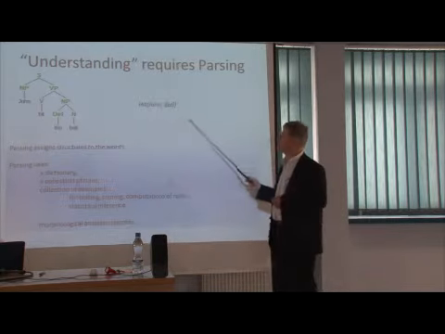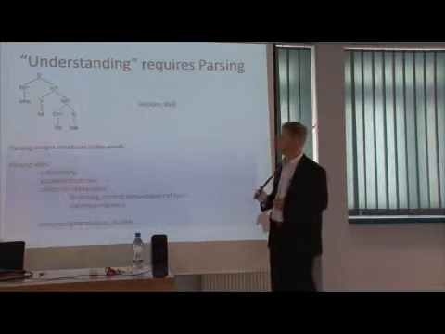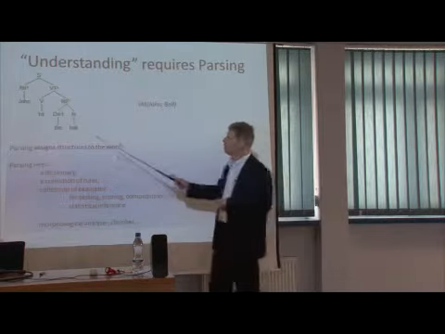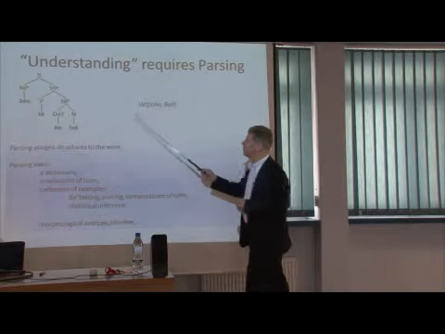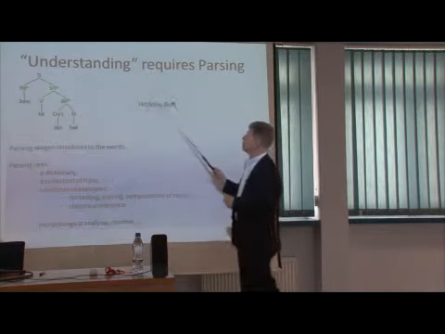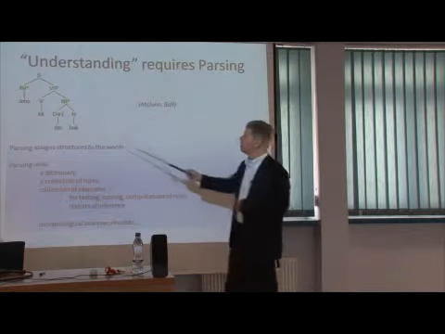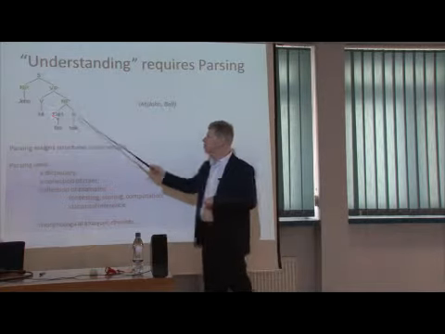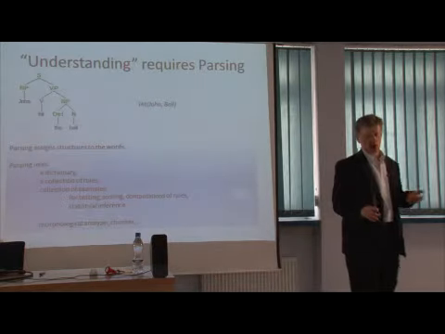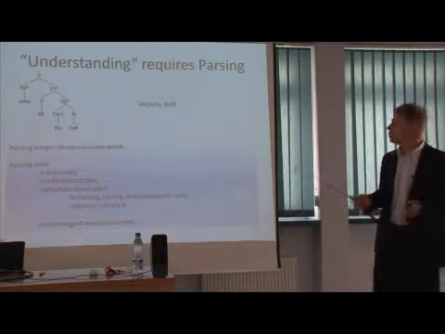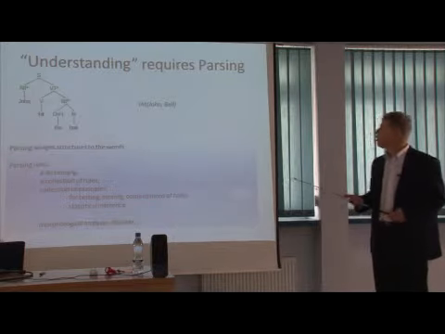In practice, it didn't work out that well because it turns out that there are many different representations, and finding a canonical representation like this works nicely for simple sentences, but it doesn't work so well for the sentences that, for instance, appear in newspapers.